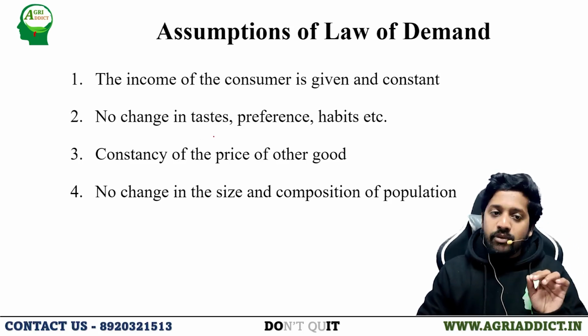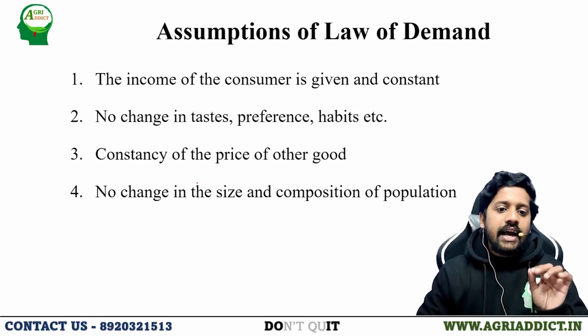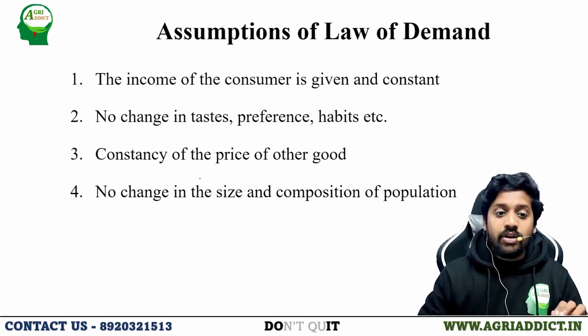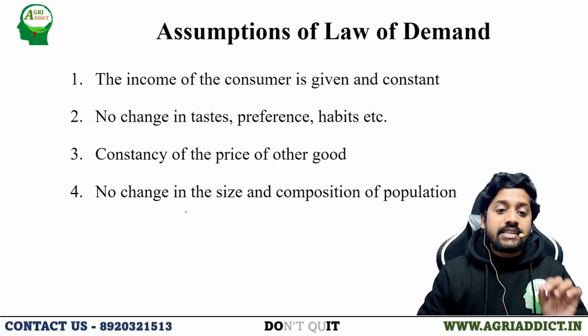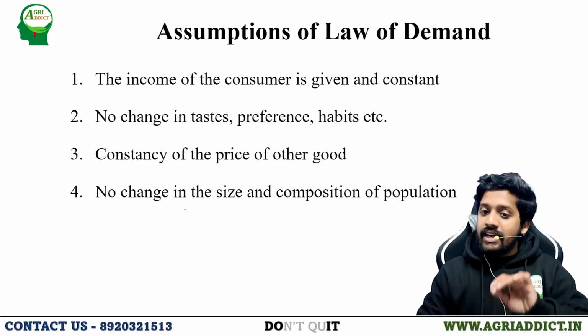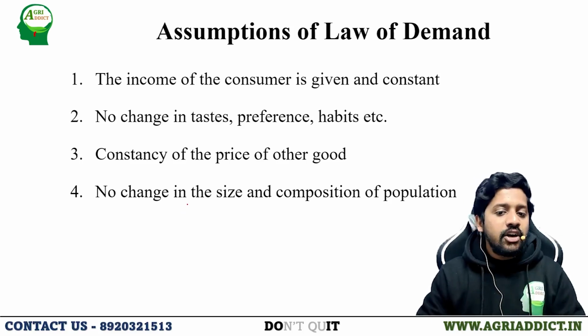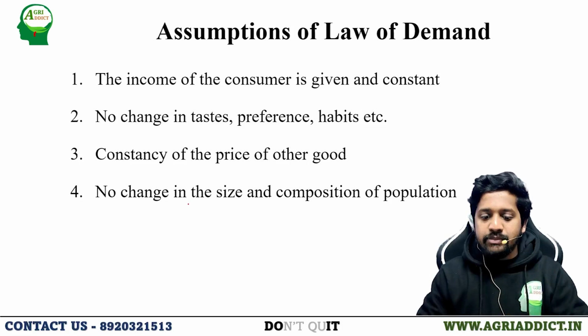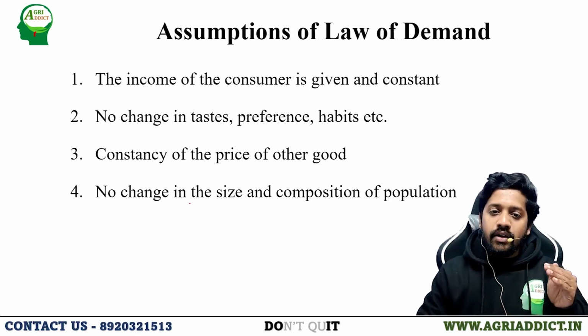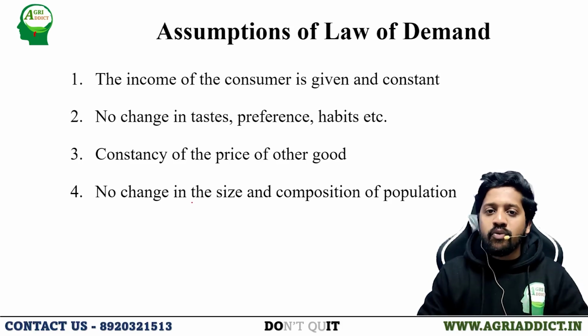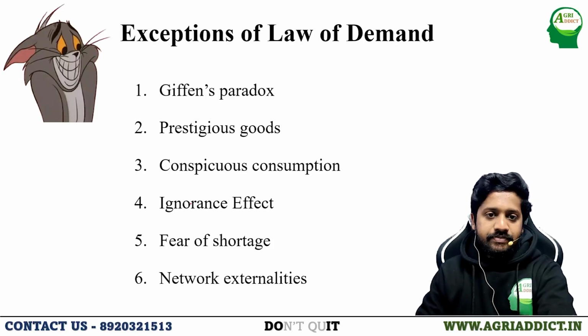Income of the consumer, taste, preference, habits, everything has to be constant, the price of the related goods should be constant, and there should be no change in the size and composition of the population in the whole society. These are a few assumptions for the proper working of the law of demand.